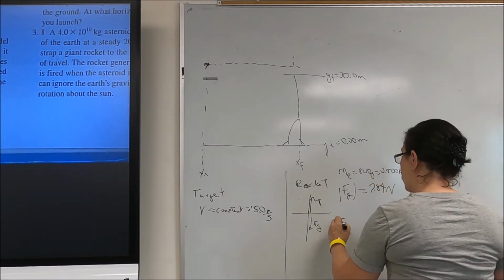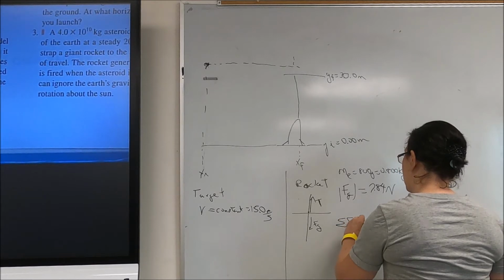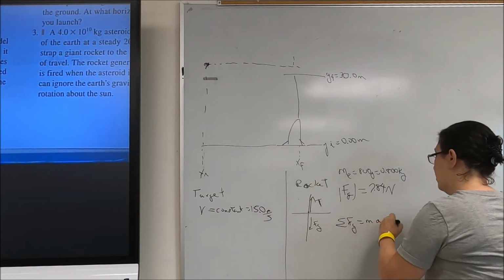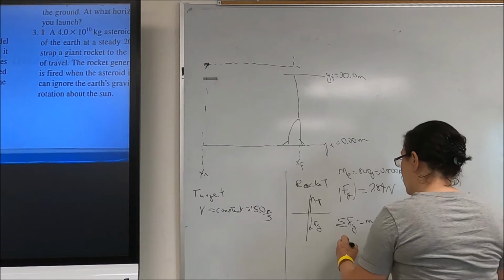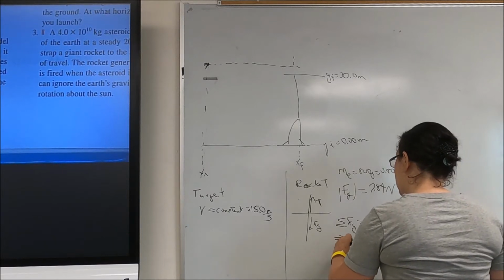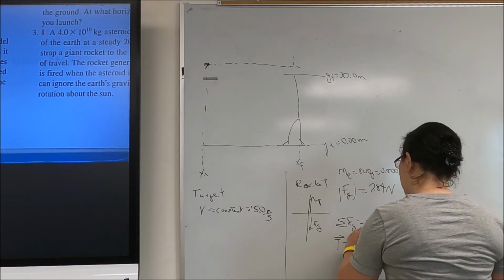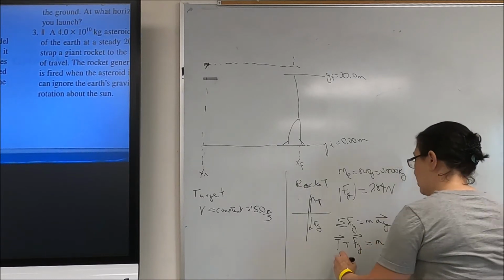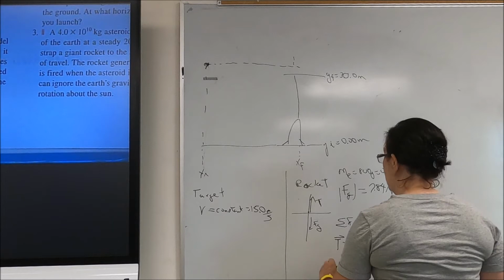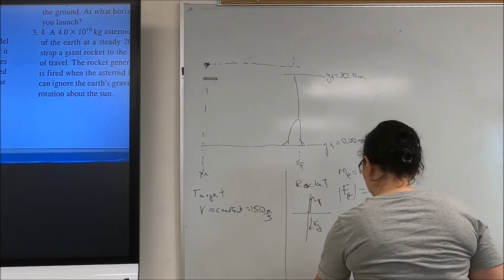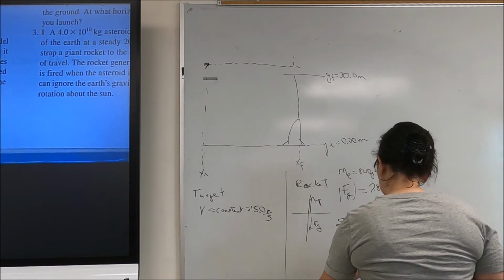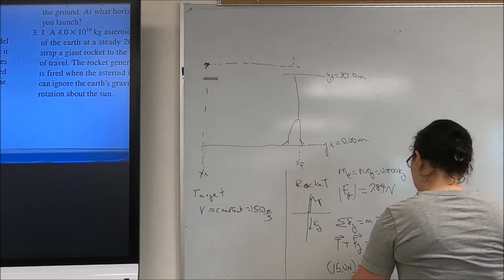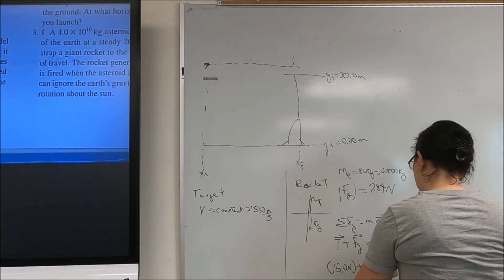The sum of the forces in the y direction equals mass times acceleration in the y direction. So I have T plus force due to gravity equals mass times acceleration in the y direction. T was given to us as 15 newtons. The force due to gravity is minus 7.84 newtons.